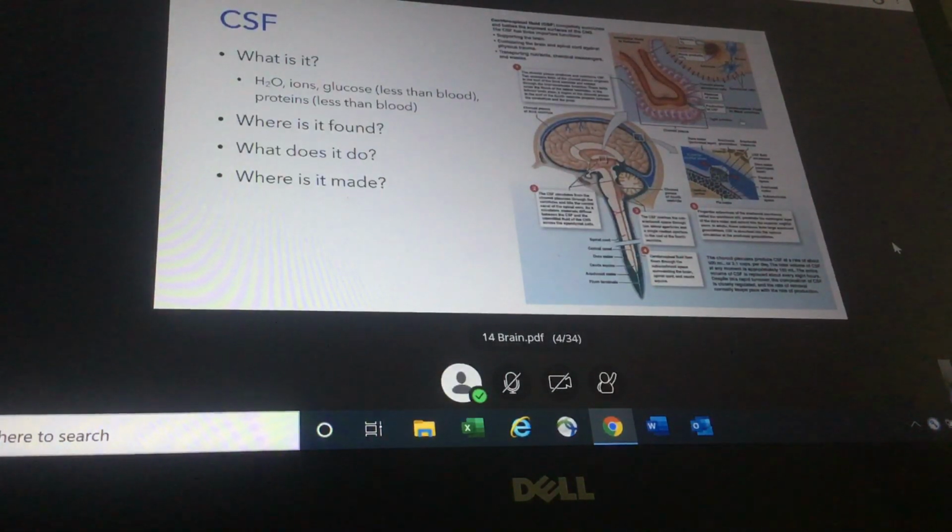And then there's a space out here that's filled with this fluid, that's kind of in light blue, that is cerebrospinal fluid. You can see production of cerebrospinal fluid.